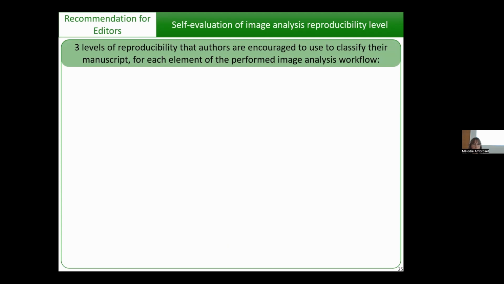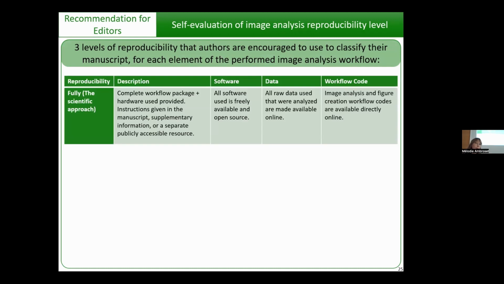So what the authors offer is that as you're about to publish an article, you do a self-evaluation of your image analysis reproducibility level. And they offer a table with three levels of reproducibility that you can use to classify your work for each element of the workflow package, basically. And it looks like that.